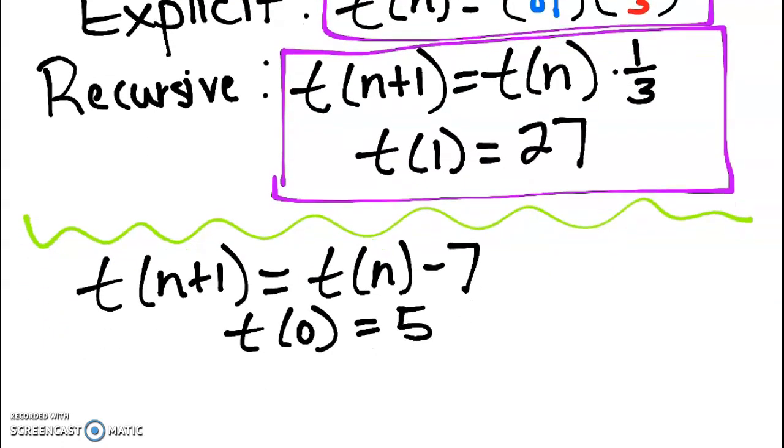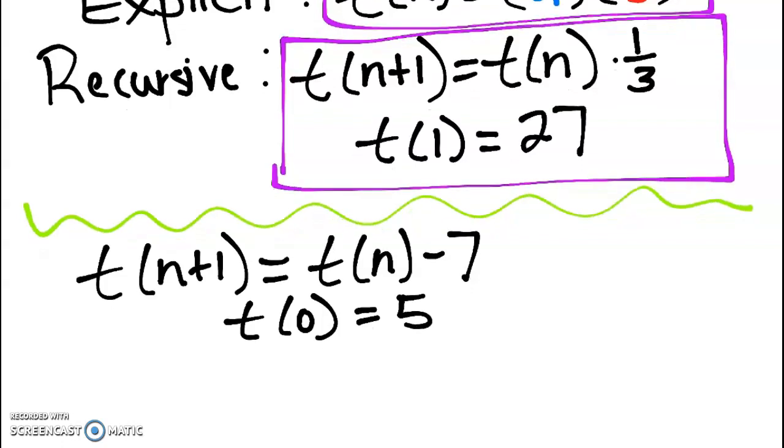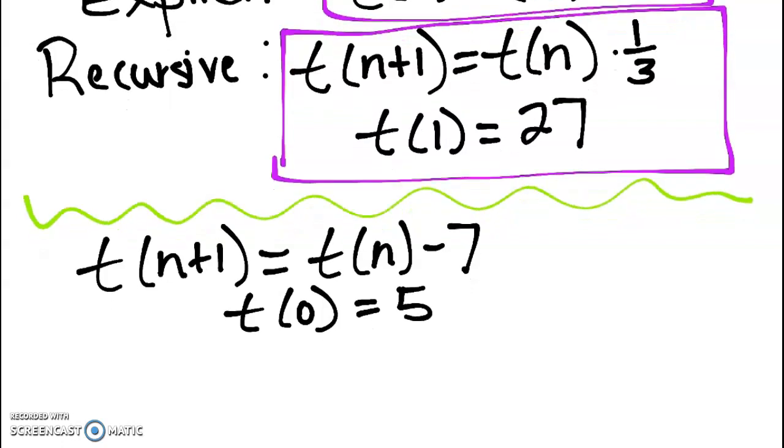Okay, so now what I'm trying to do is write the sequence represented by this equation. Okay, so let's see. I know this is recursive, right? And I know what they're saying that I need to do is that my generator is subtracting 7.